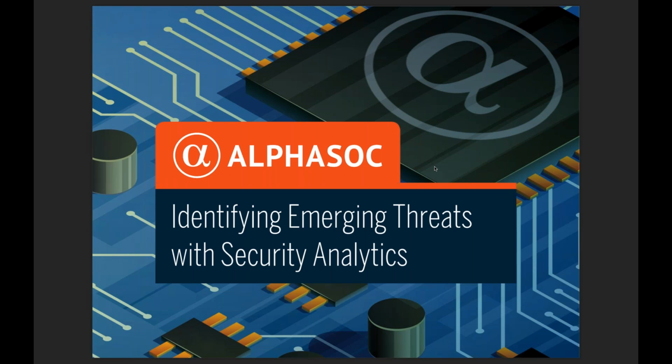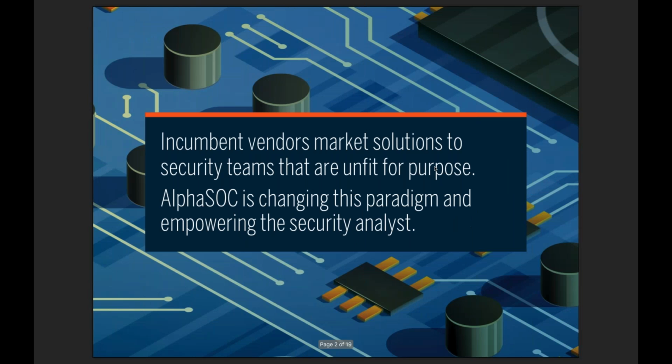So on this first slide here, an important thing to bear in mind, and just providing some color to this discussion, is that I think as an industry, we've really failed in a lot of ways from a threat detection response perspective.